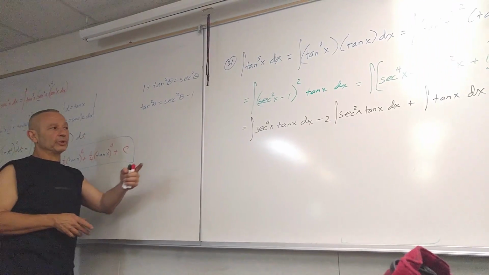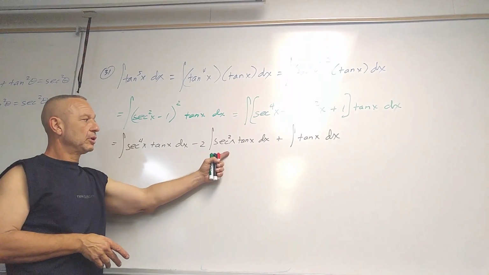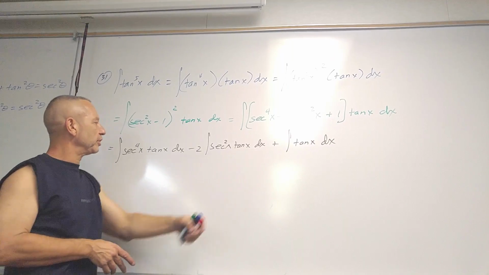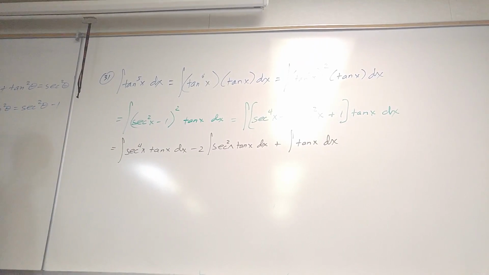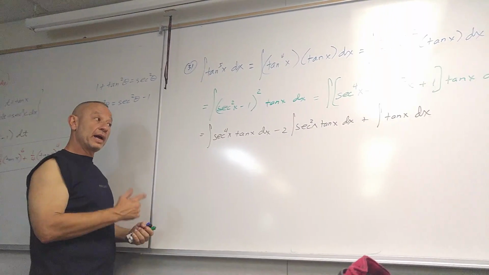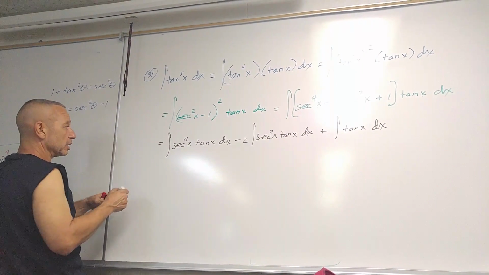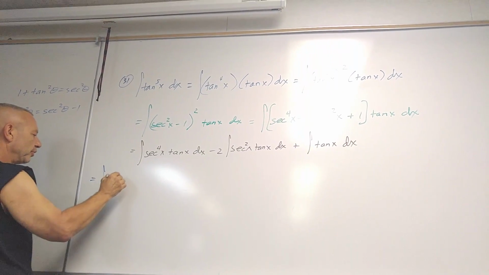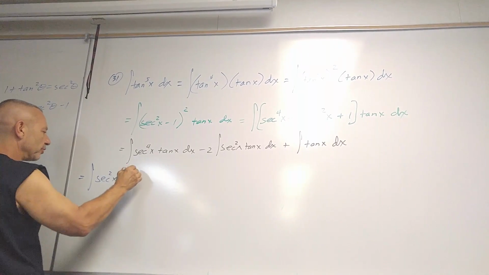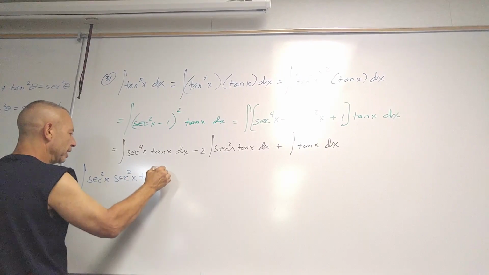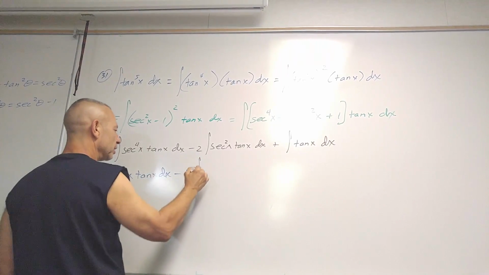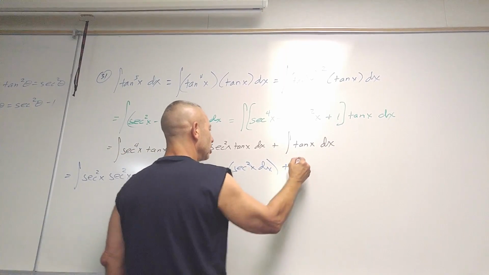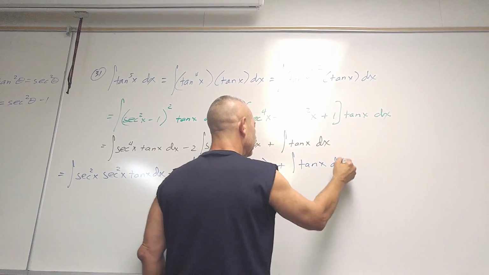How do I deal with this one? U equal tangent, du is secant squared x dx. Well, what about this? I have the same thing going on here. I can now take this one and rewrite it as integral of secant squared x times secant squared x tan x dx minus 2 integrals tan x secant squared x dx plus integral tan x dx.